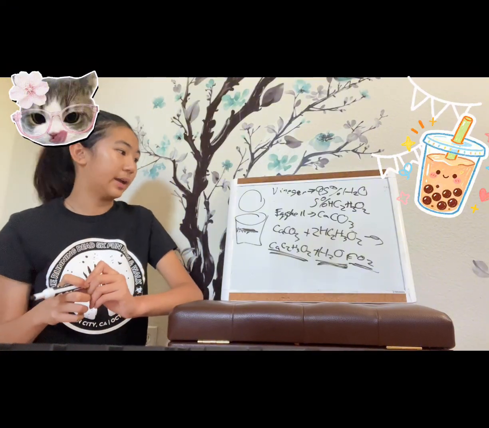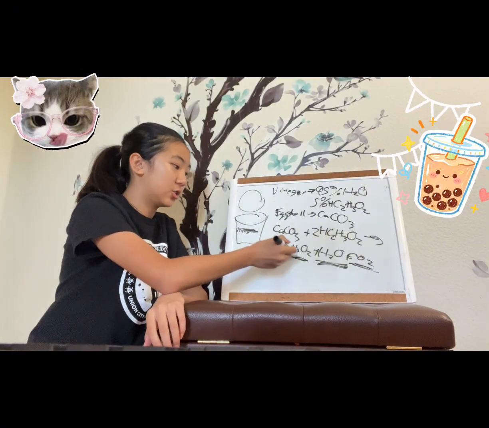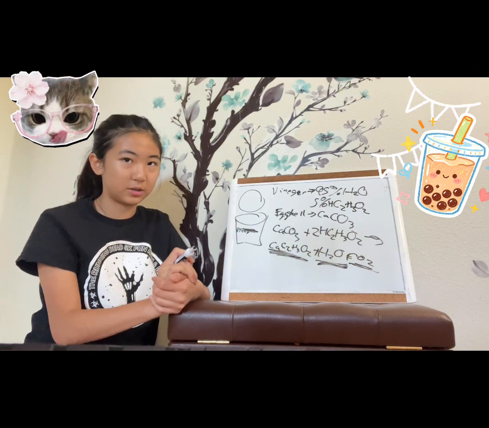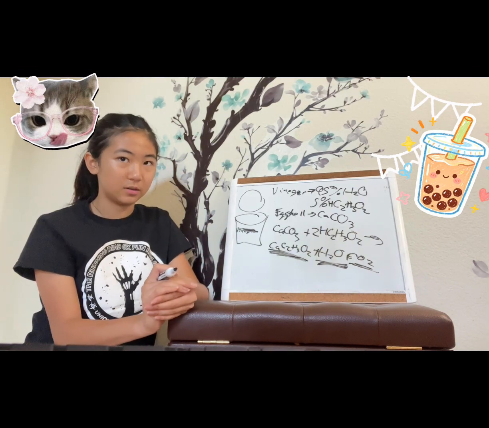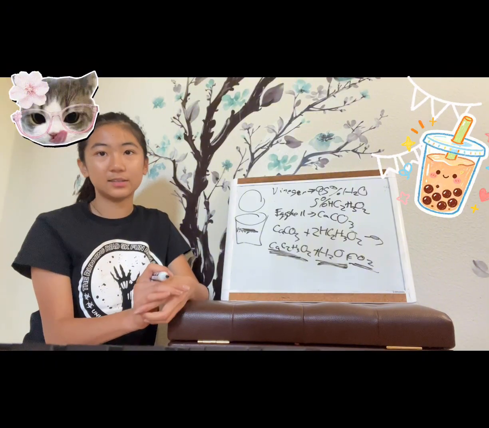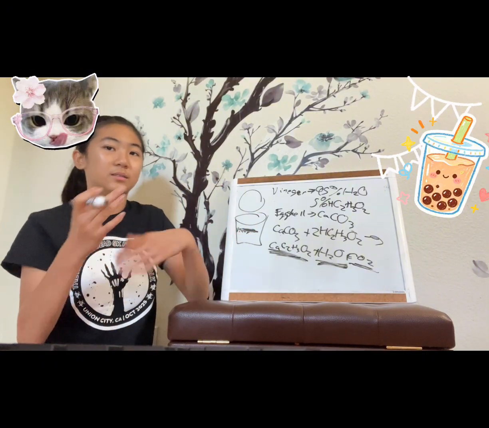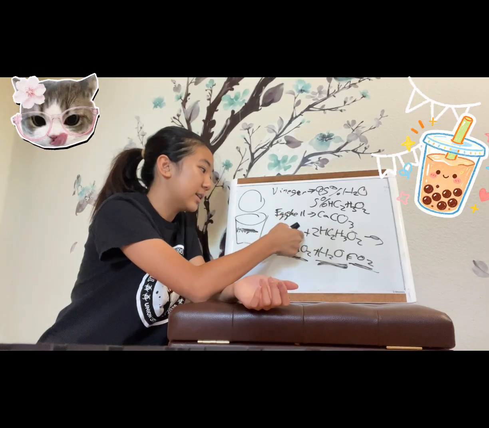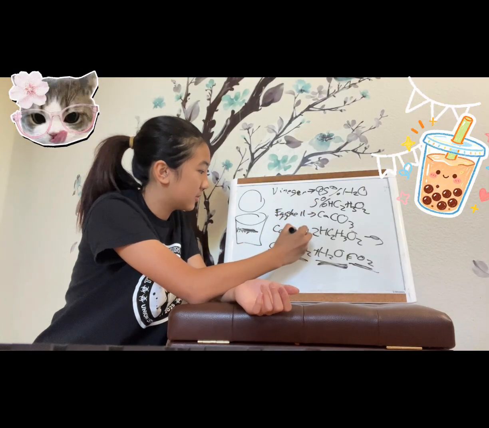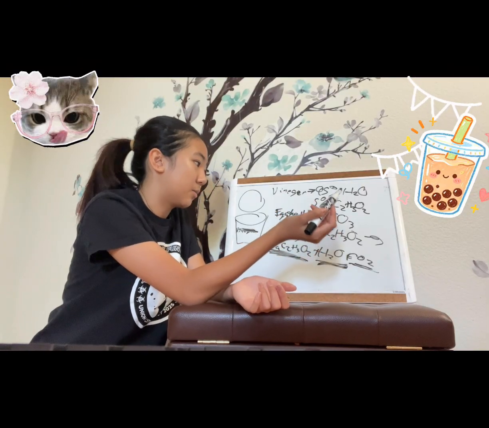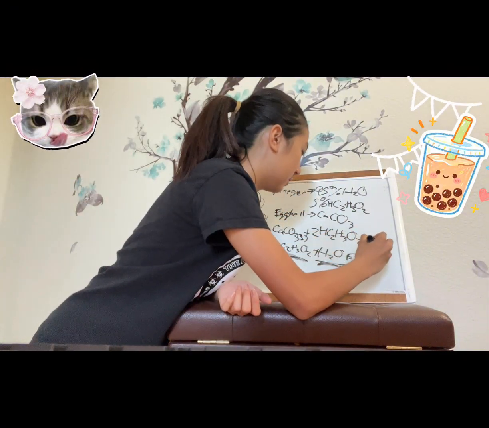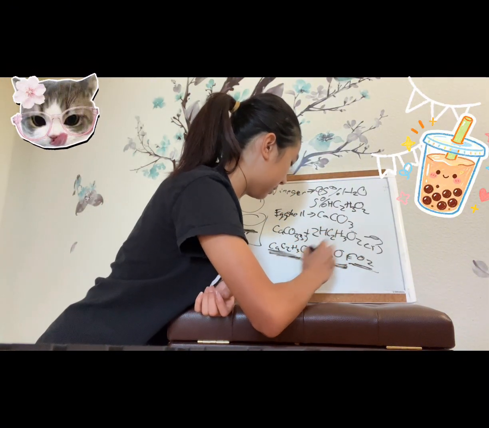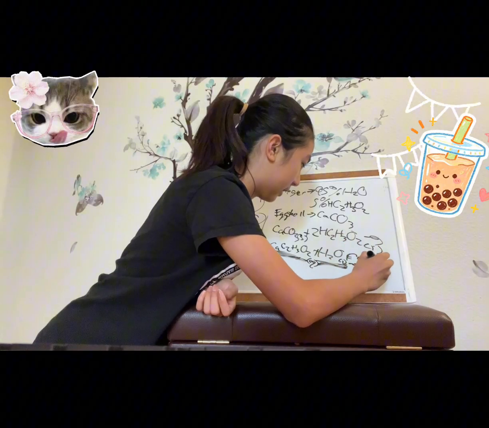Okay? And then this is actually very soluble. And I'm not gonna go into really much depth on solubility. In a chemical equation, there's actually supposed to be states of matter here. So calcium carbonate is solid, acetate is aqueous, this is liquid, this is gas.